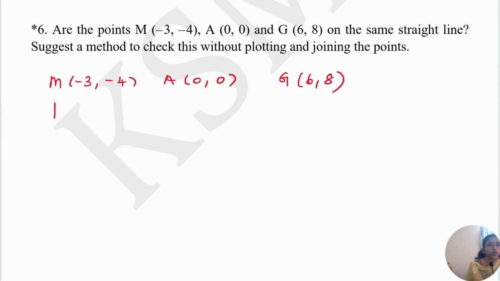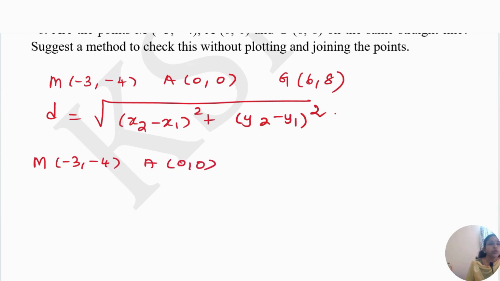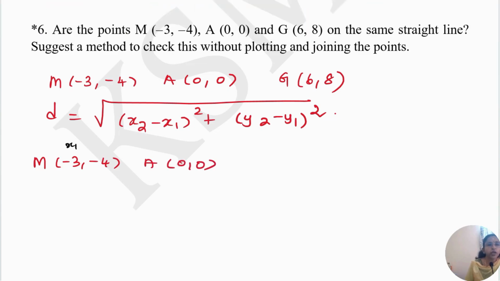So we know the distance formula: D is equal to the square root of (x2 minus x1) the whole square plus (y2 minus y1) the whole square. First, find the distance between M and A. M is (-3, -4) and A is (0, 0), so these are x1, y1, x2, y2.